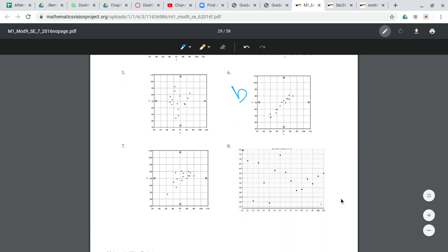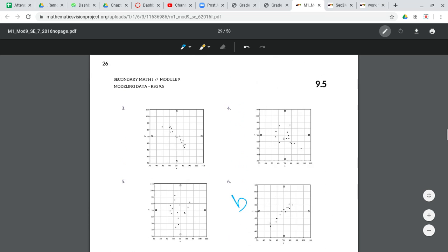So on number 8, do we have a positive or negative correlation? What do you think? Is this going mostly in a positive direction or a negative direction as we go? Yeah, it's going in a negative direction. It's kind of everywhere, but it is going more in a negative direction if we try and look at the trend here.